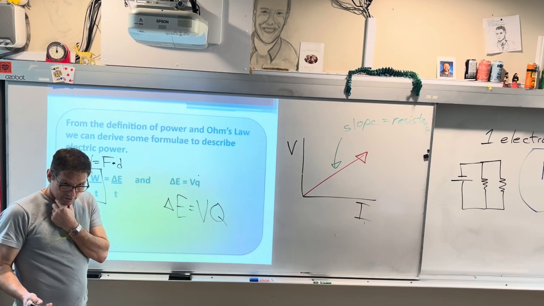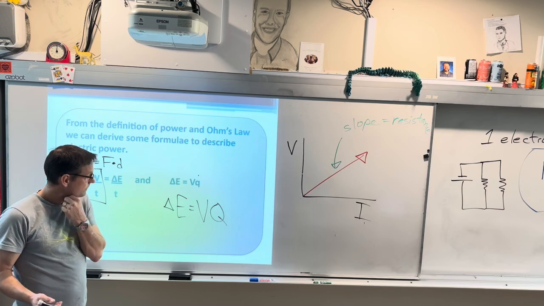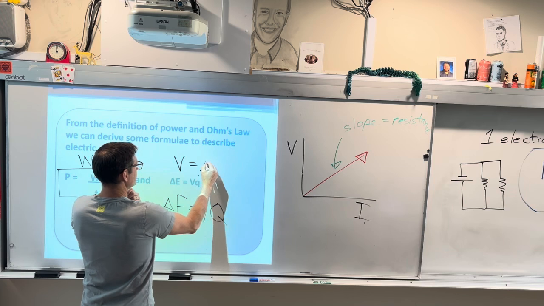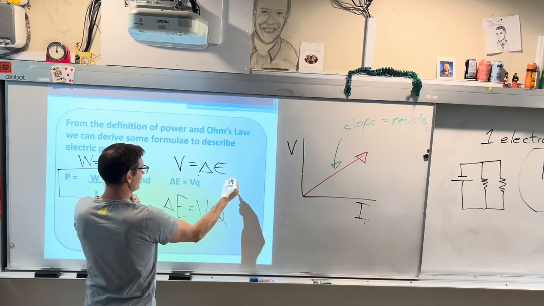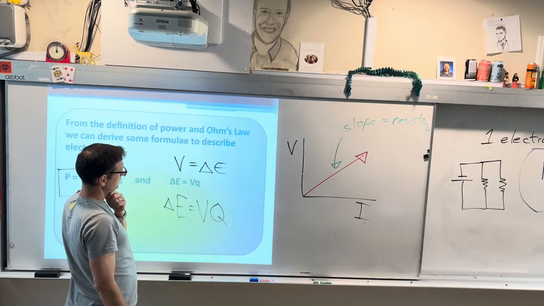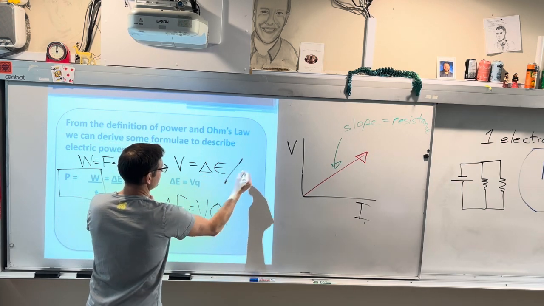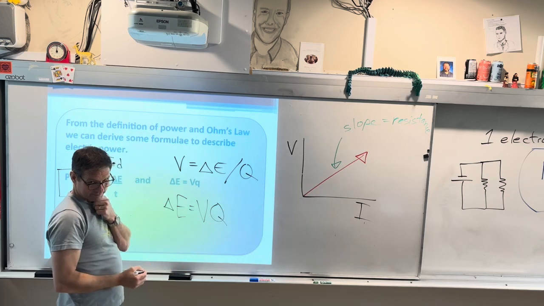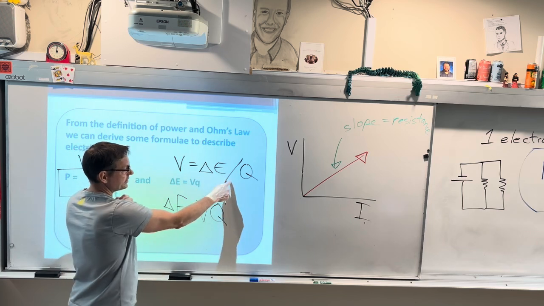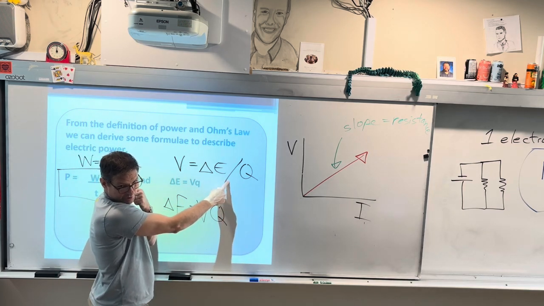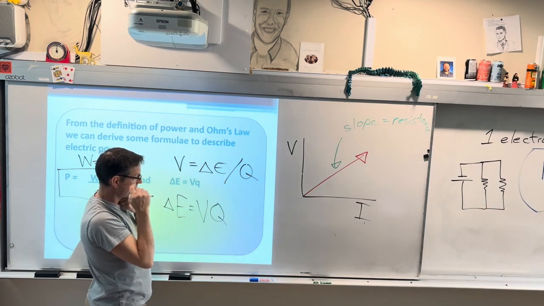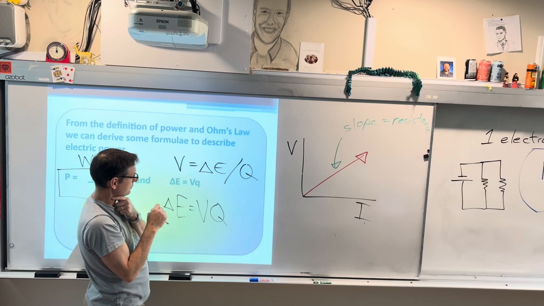So it's written like V equals change in E over Q. A volt is a joule per coulomb. So can you put this line in there? Because I don't want you to be confused by that. I'll add it to the booklet later, but that's a mistake on my part, sorry.